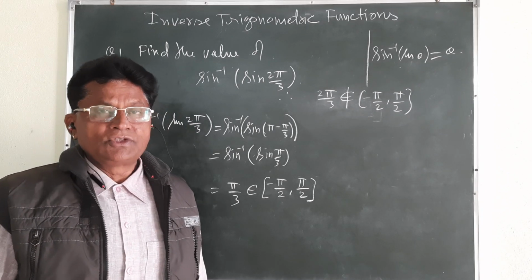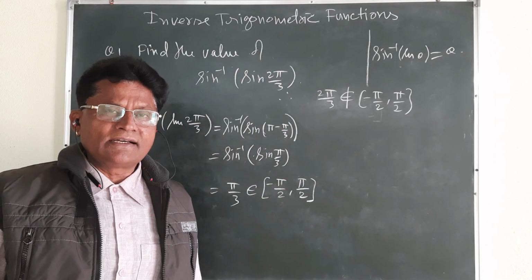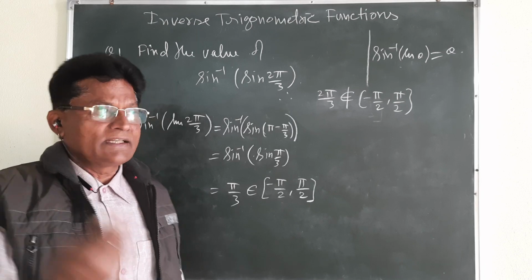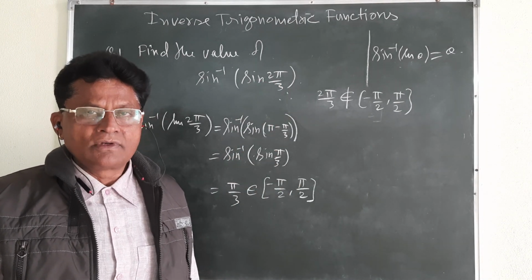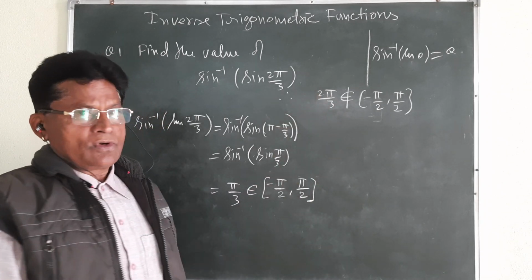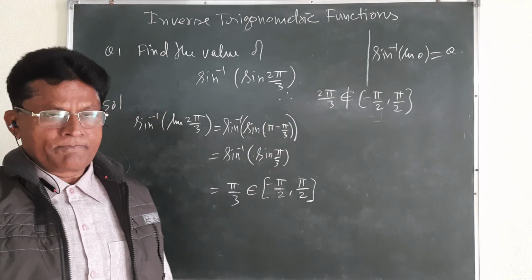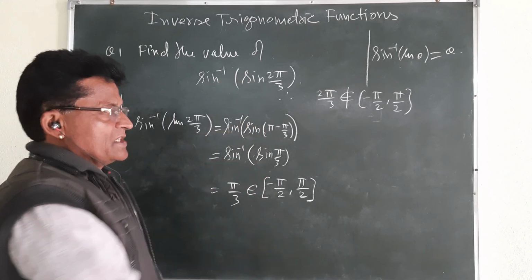Generally, students write in the examination its value directly, because the teacher discussed that sine inverse sine theta is equal to theta. They directly write pi by 3 as the value. No, that is incorrect. I have given that thing also, and I have given the solution. That is why be careful while finding the solution of such questions.